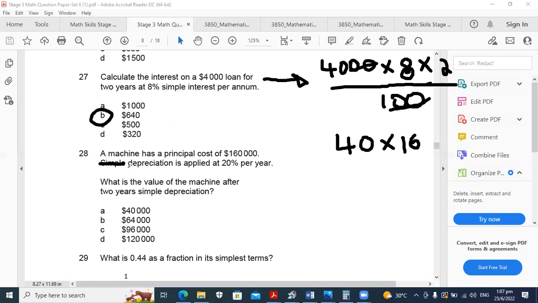So what we normally do is to find 20% of 160 grand. By the way, what's 20% of 160,000?